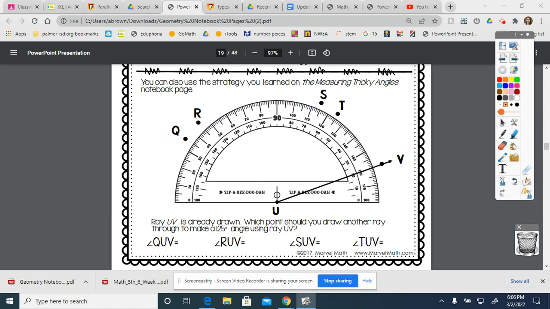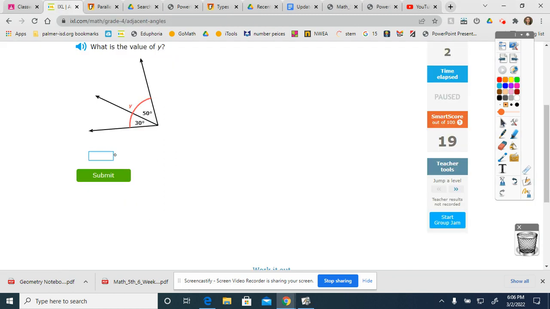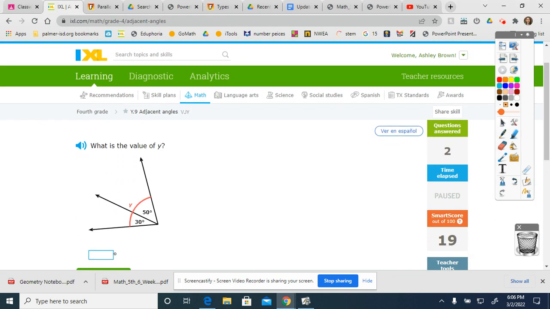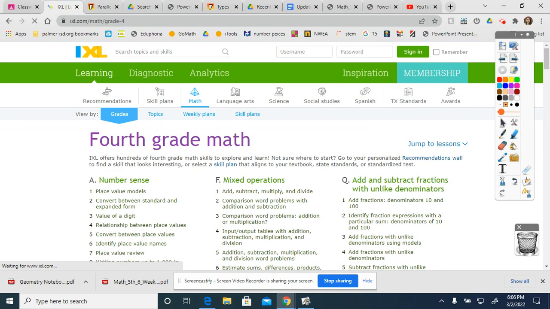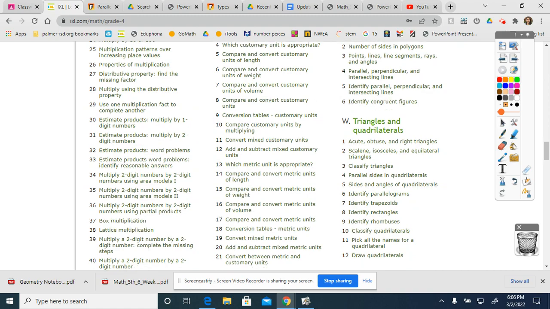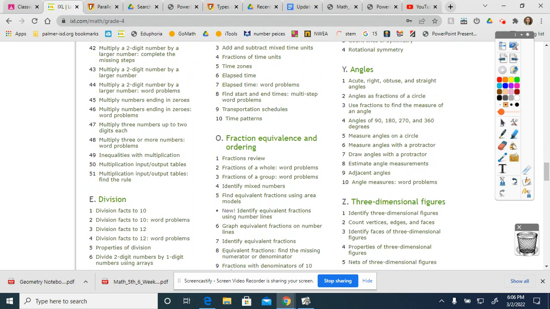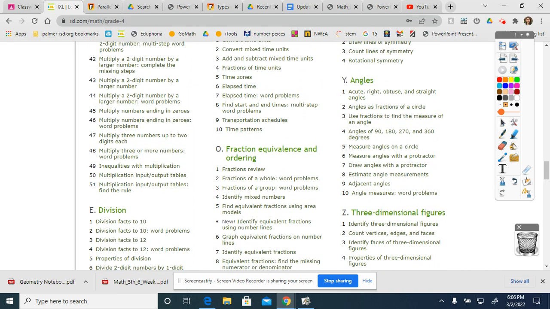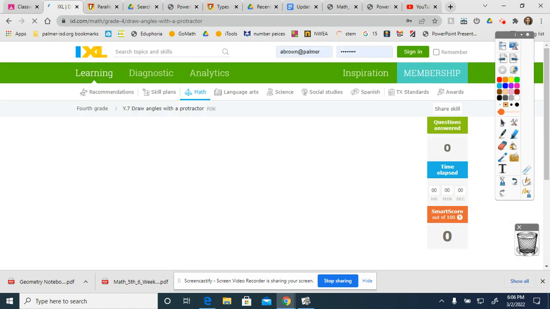All right. When you have completed these pages in your notebook, we're going to go to iExcel, and the iExcel for today is Y7 right here, draw angles with a protractor.